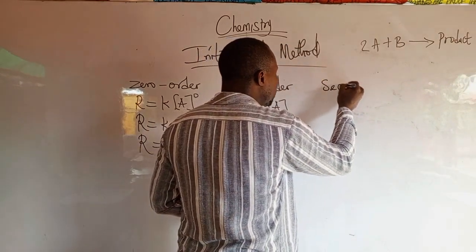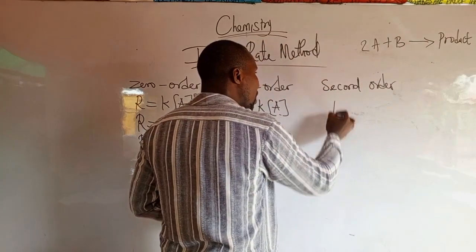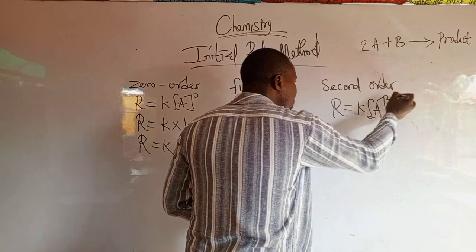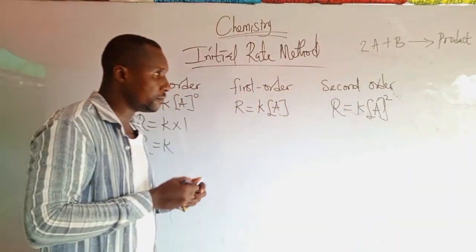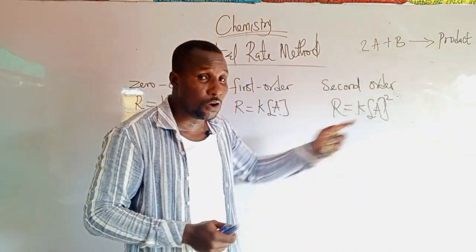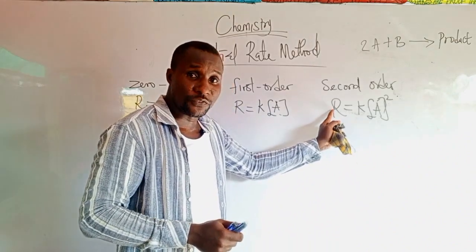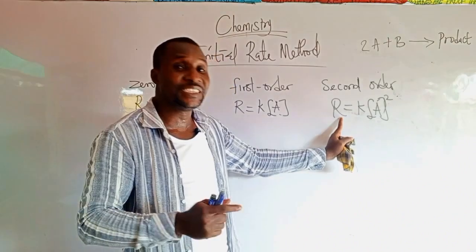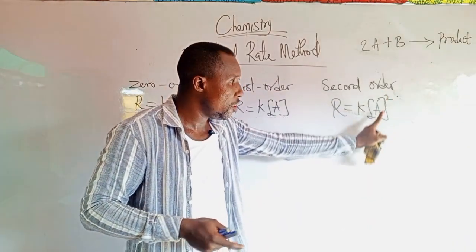Second order. Please, I want you to follow me. When you have R equals K, concentration of A raised to power 2, take note of this. In second order, the rate of reaction depends on concentration. It is directly proportional to the square of concentration.